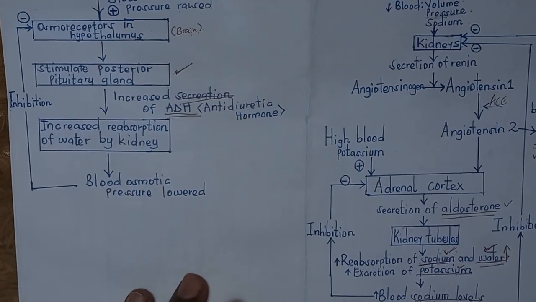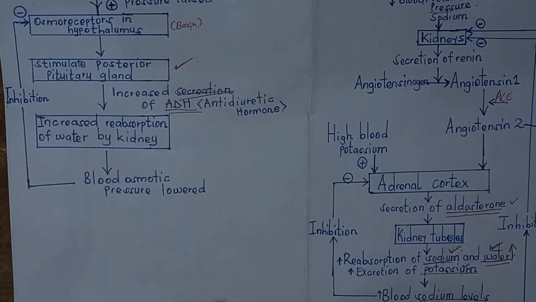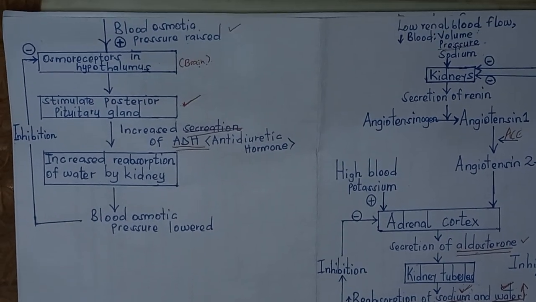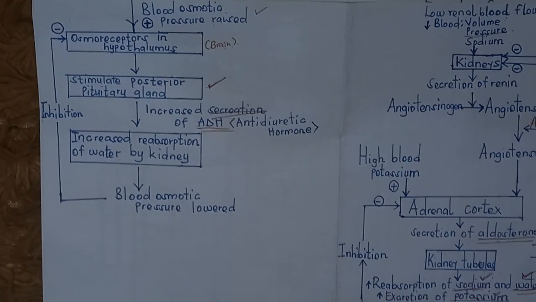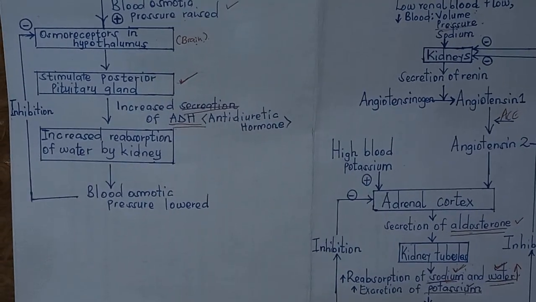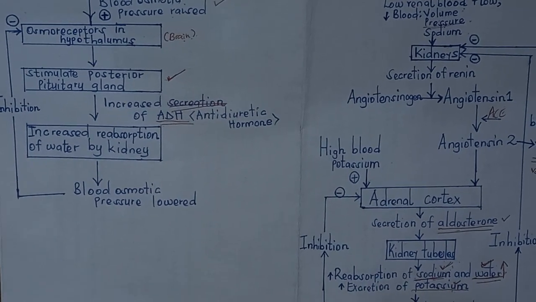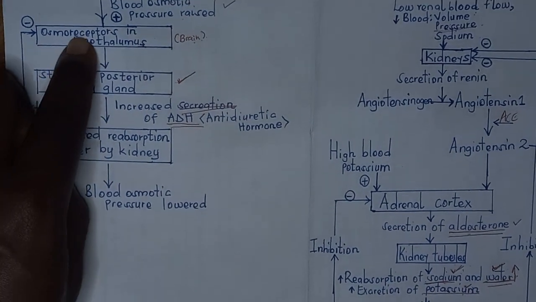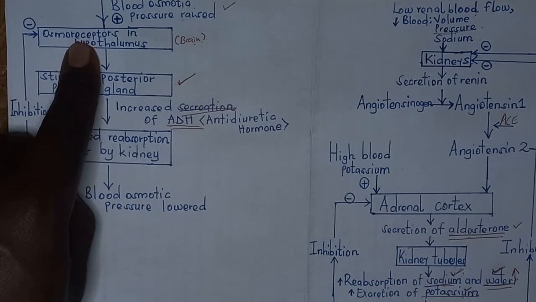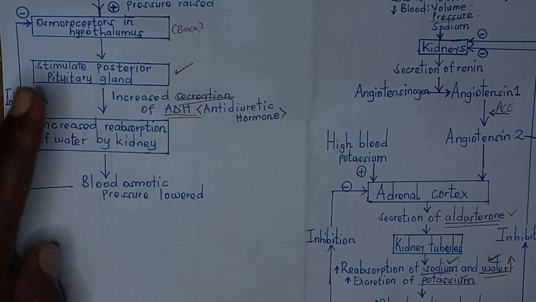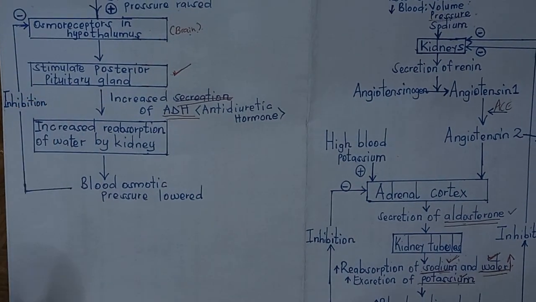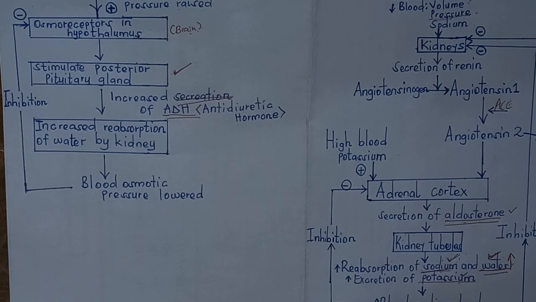So here, there are two things that take place in the brain first. Osmoreceptors in the hypothalamus: when the blood osmotic pressure is raised, these osmoreceptors are the ones to sense that there is a problem somewhere. So osmoreceptors in the hypothalamus will stimulate the pituitary gland.